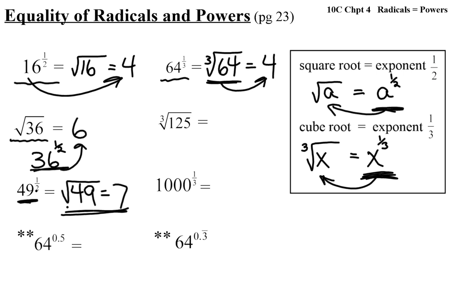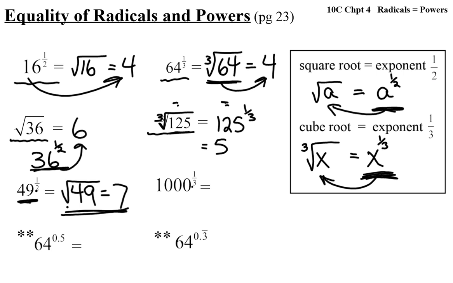Cube root of 125. What's another form of that? Well, keep our 125, but instead of a cube root, that's the same as an exponent 1/3. Now, I understand the radical is nicer to work with. What's the cube root of 125? What do we multiply 3 times? 5. We multiply 5 three times to get the radicand of 125. 1,000 exponent 1/3.